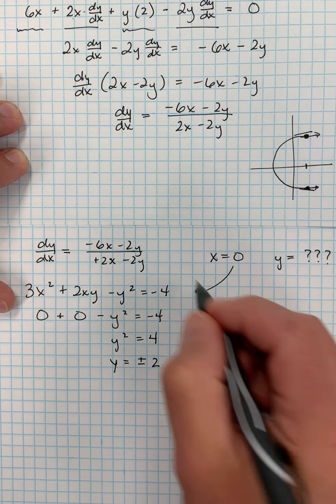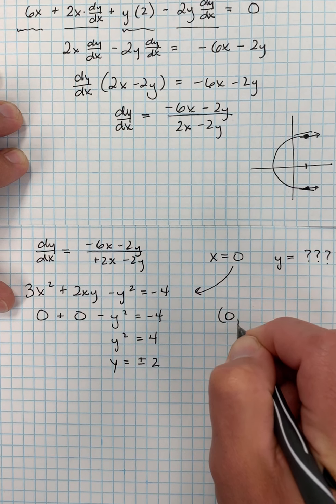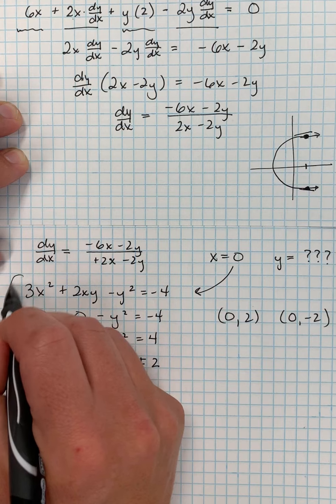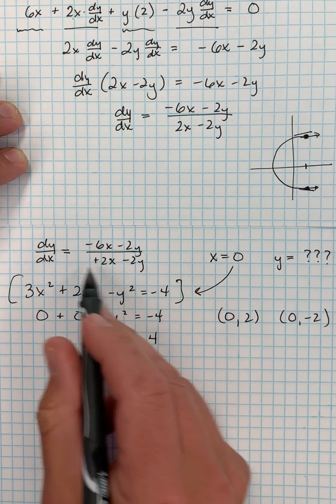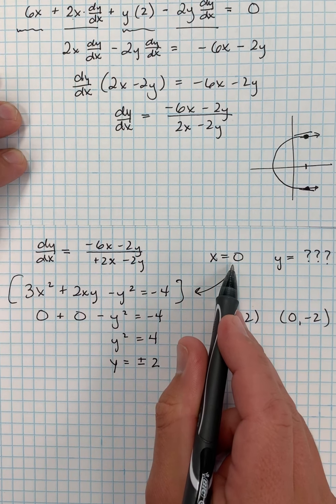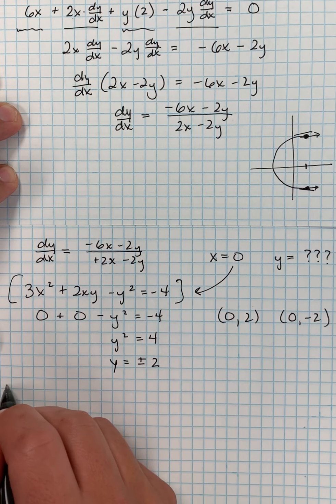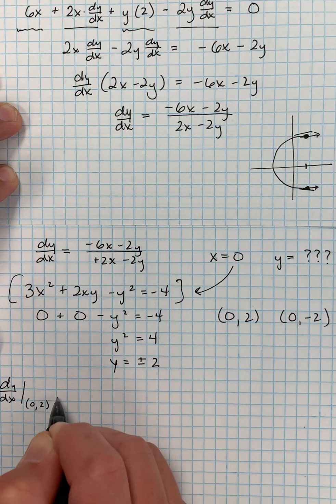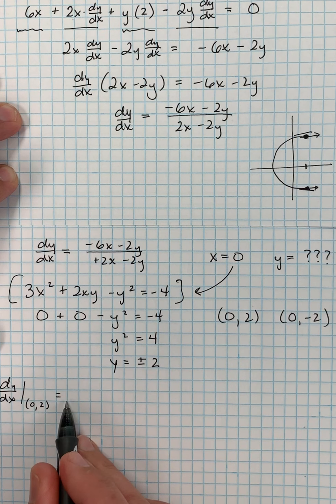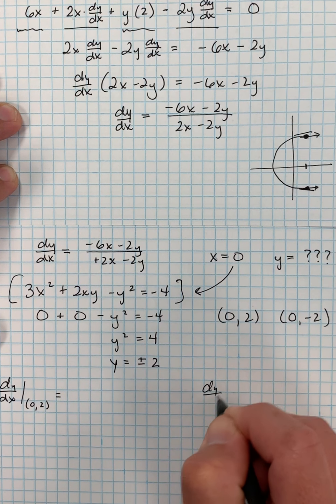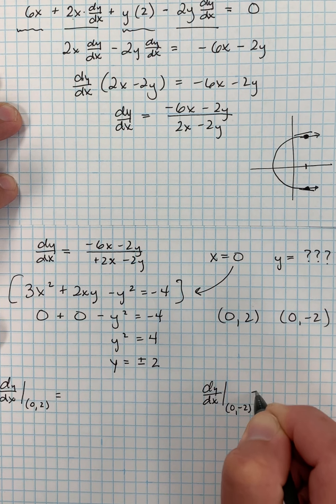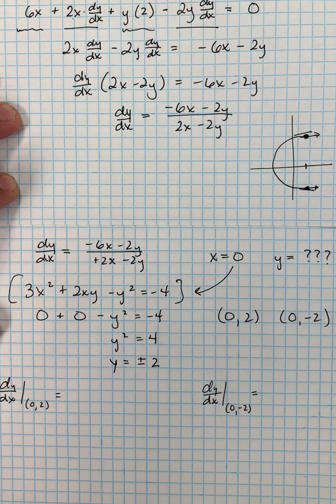So I have two points on this relation, (0, 2) and (0, negative 2), that fit on this curve. If I want to evaluate dy/dx when x equals 0, I'm going to need one tangent line slope at (0, 2), and I'm also going to need dy/dx at the point (0, negative 2). I'm going to have to do this twice.